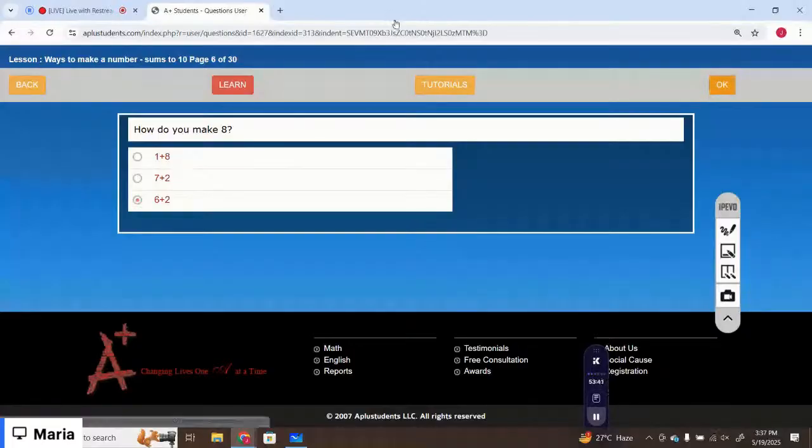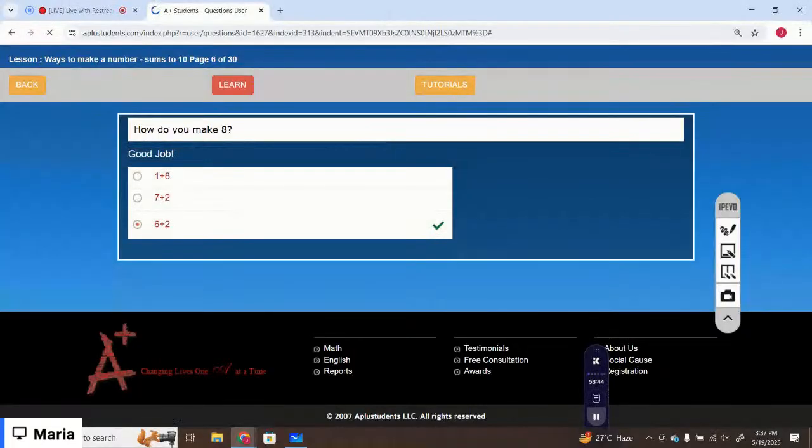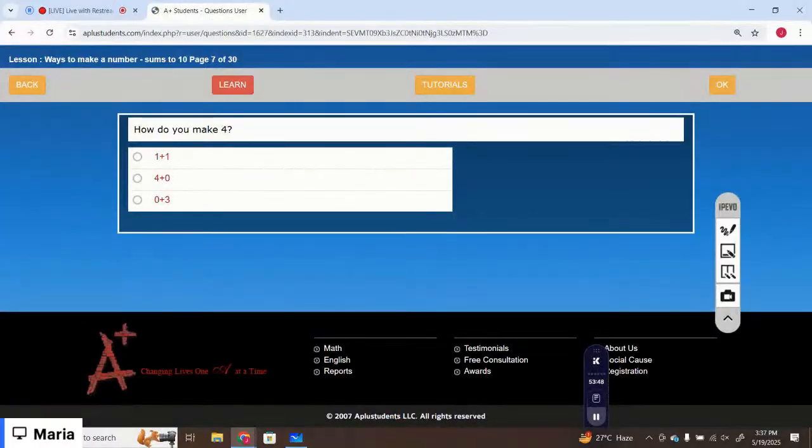Option number 3 is the correct option. How do you make 4? That is 4 plus 0.